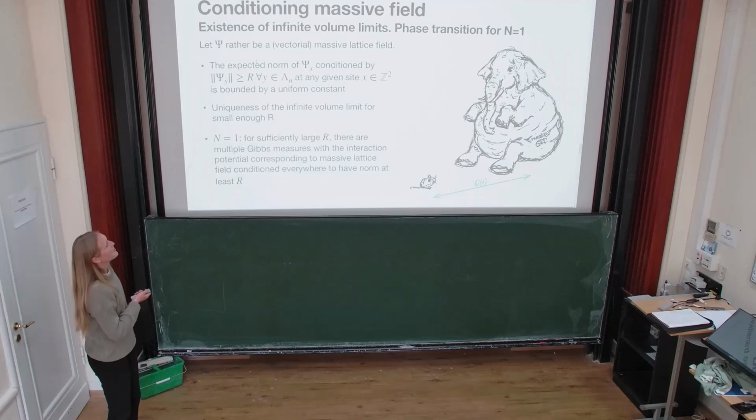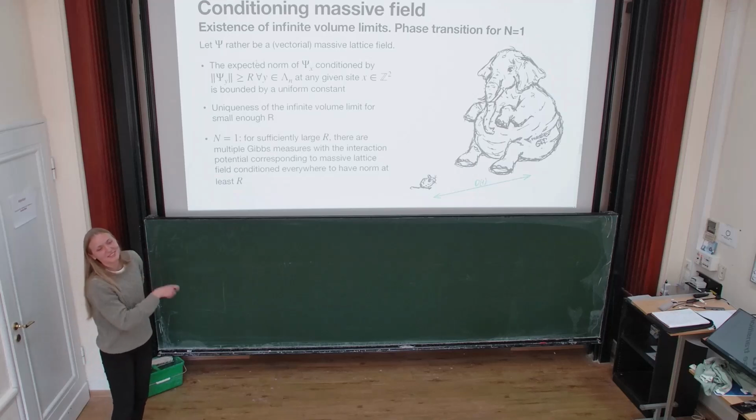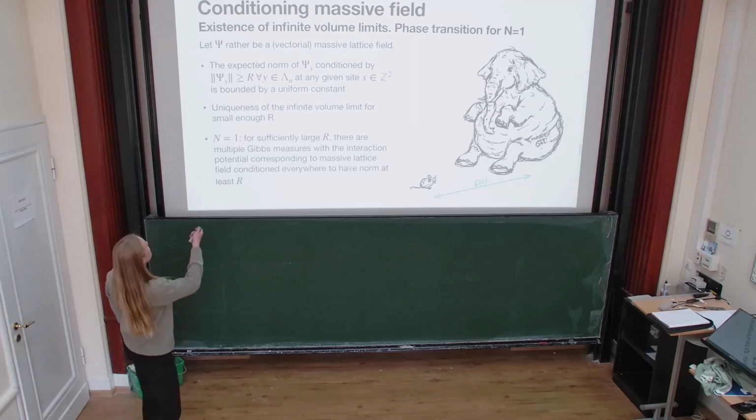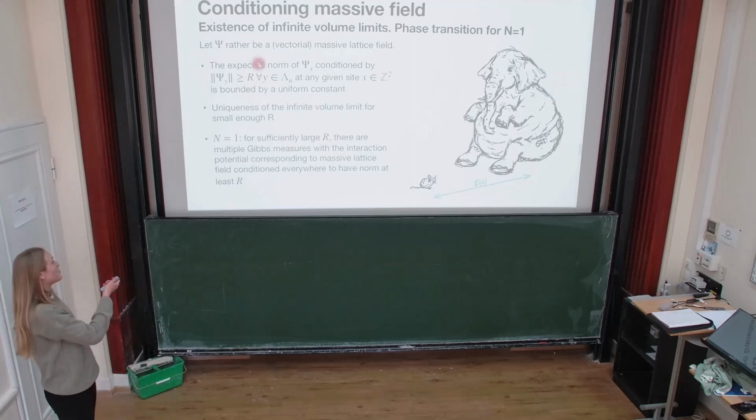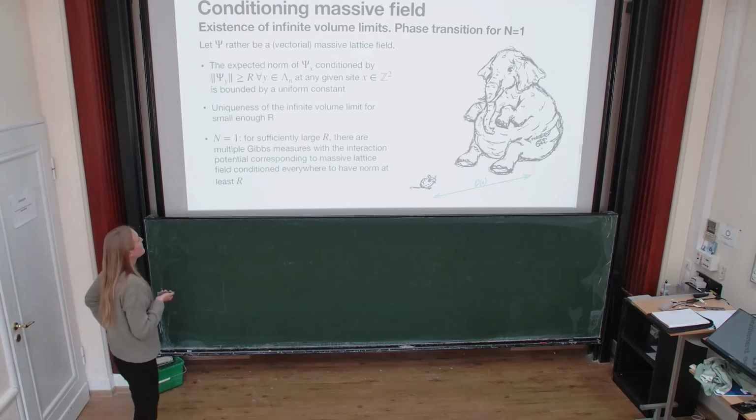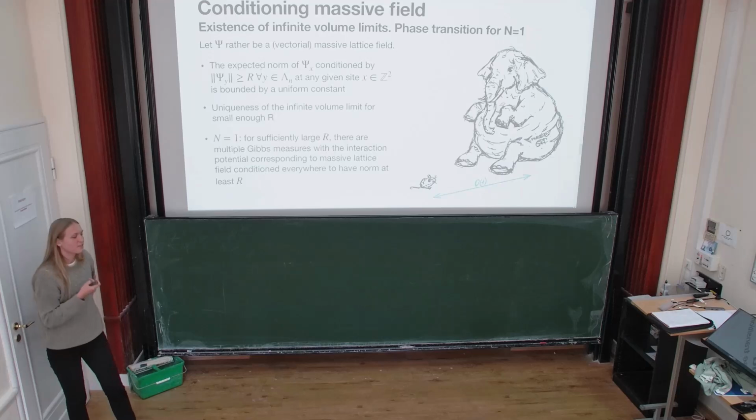Okay, so here I'm a bit cheating. I introduced you to the Dirichlet GFF, but here I'm already using the one on Z^d, but I'll be forgiven, I hope. Anyway, we show that the expected norm of this field is uniformly bounded, meaning that there is definitely at least an infinite volume limit.